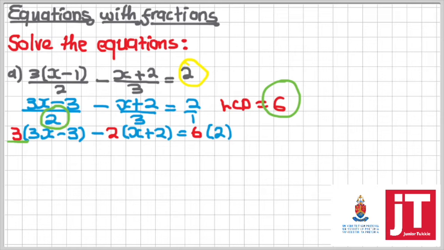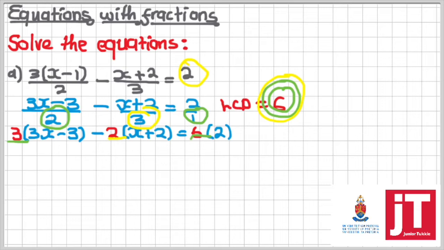That's how I got that 3. If you repeat the same process using the denominator of the second fraction, which is that 3, 3 into 6 gives you twice. And finally, 1 into the same LCD, 6, you're going to get 6 times. So that's how you get the 3 and the 2 and the 6 respectively.